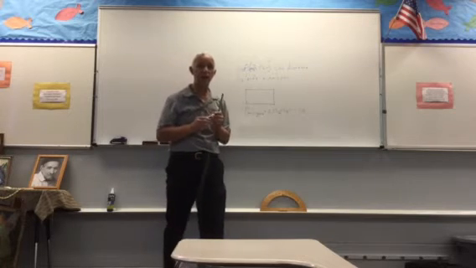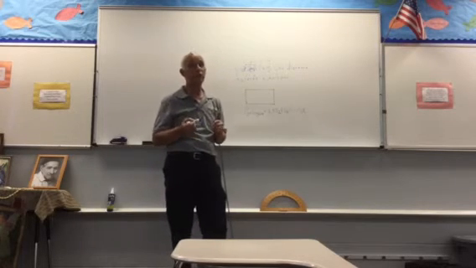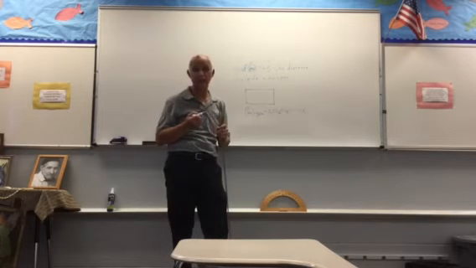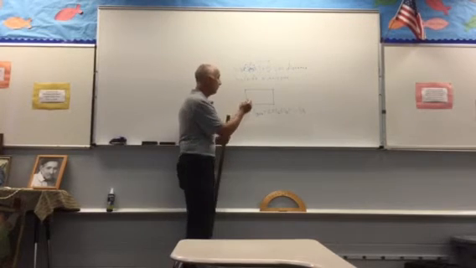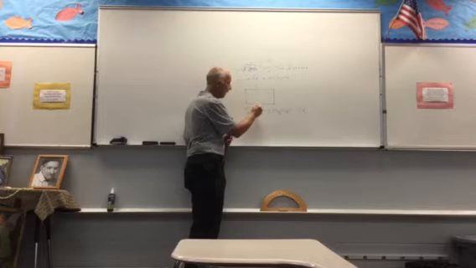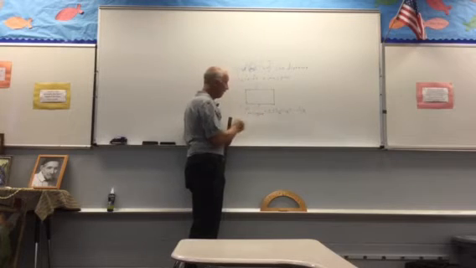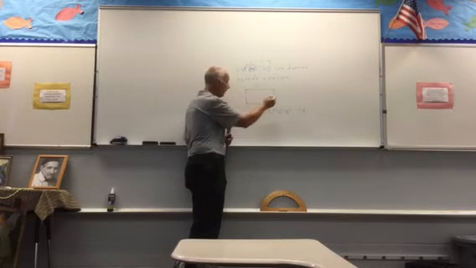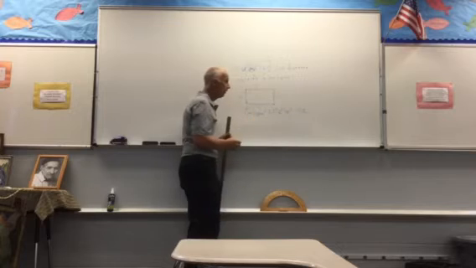However, there are certain polygons that you can do faster because there are characteristics of that polygon that make it easier. For example, in a rectangle, isn't it true that this length is the same as this length, and this width is the same as this width?